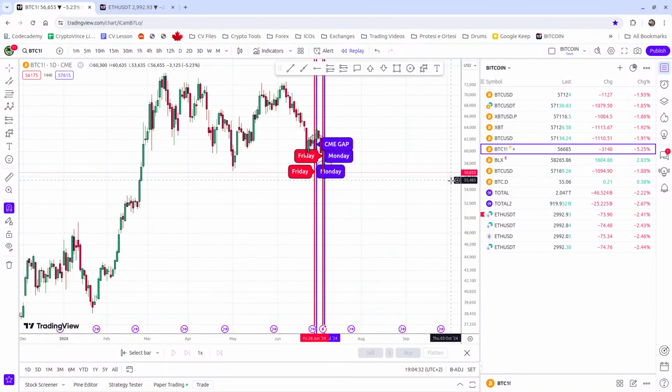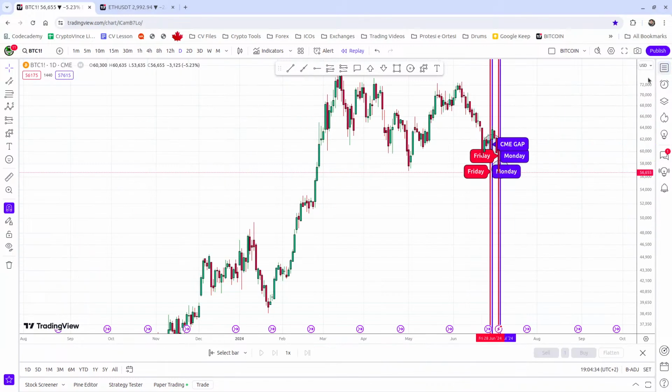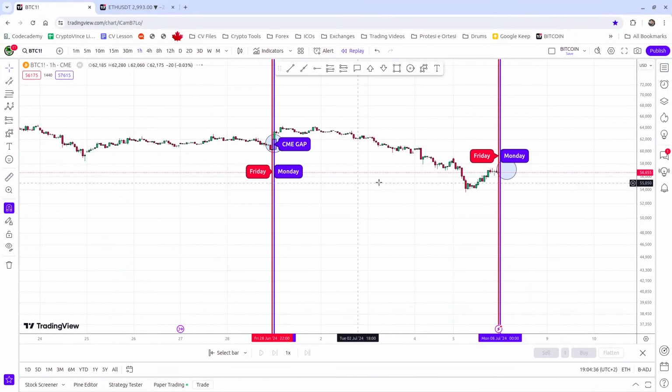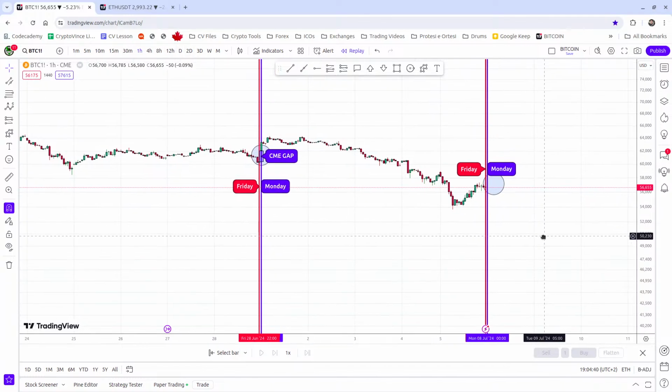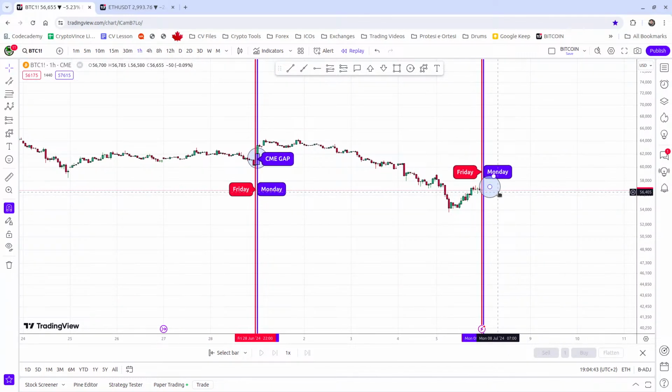And the gap, we have to see what happened to the gap here. We have to see how we open on Monday, and there could be a gap when the candle opens on Monday.